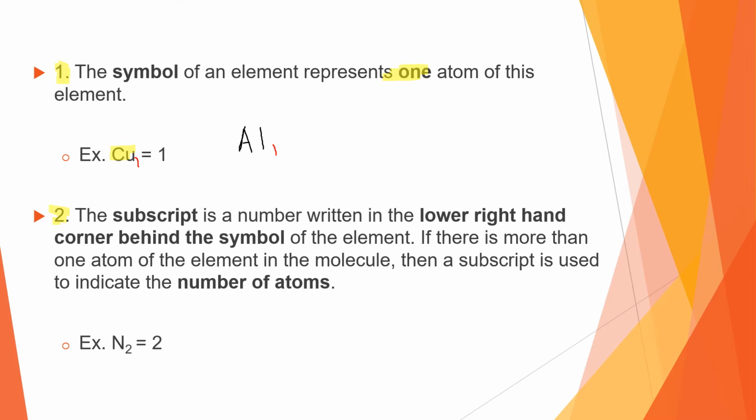In this example, we have a subscript of 2, so that means we have 2 nitrogen atoms.